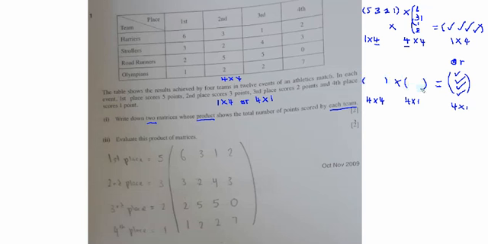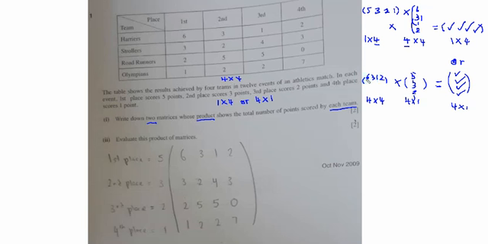If I make the point allocation a column matrix, then it will be 5, 3, 2, 1. Okay, now let's look at 6, 3, 1, 2. Now let's look at the multiplication. The multiplication will go in this manner: 6 times 5, 3 times 3, 1 times 2, 2 times 1.